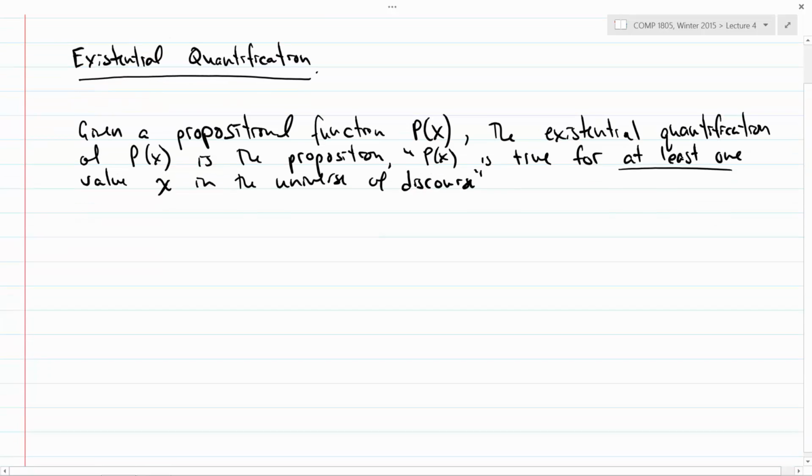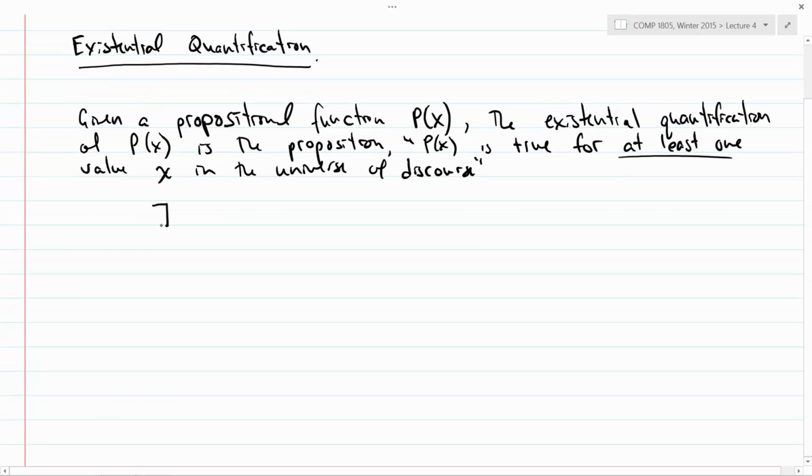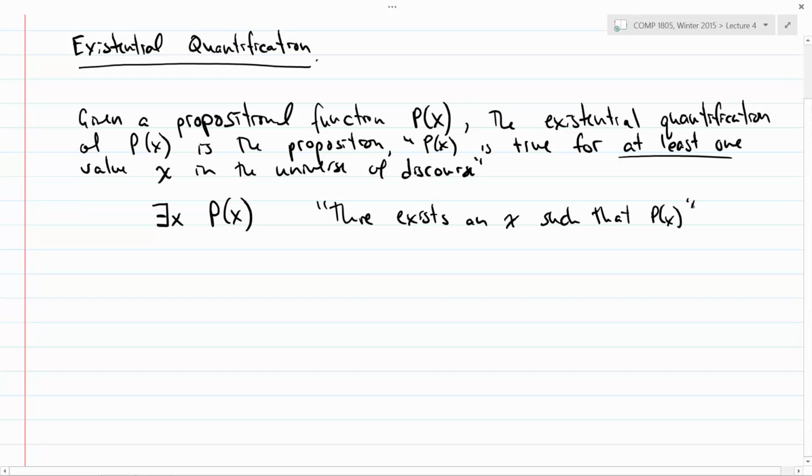We write the following thing, a backwards E, and then x, because x is the object I'm talking about, and P(x), which asserts that the proposition P is true of x. And we say there exists an x such that P(x).